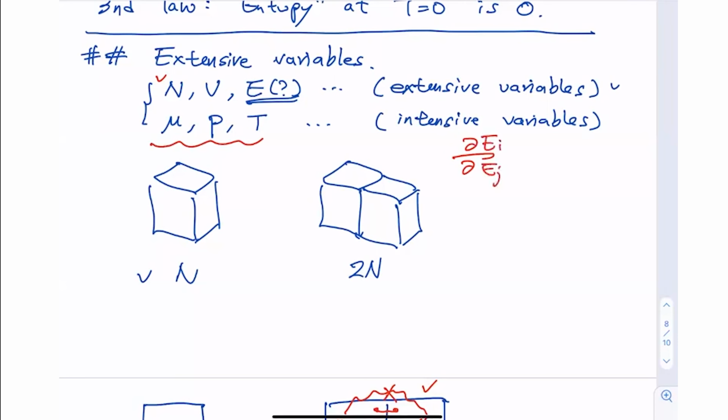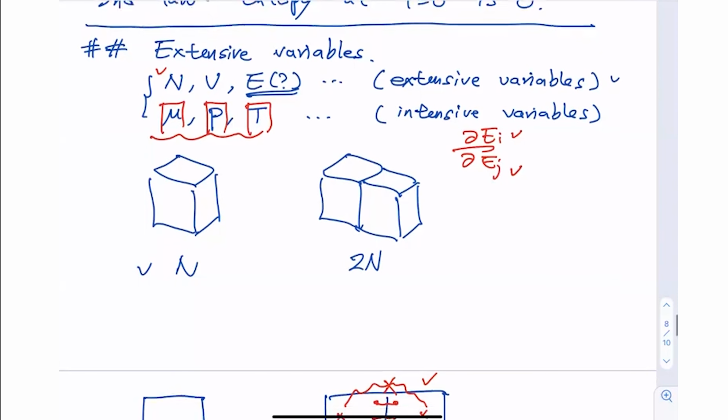The reason is that if something you are differentiating scales with your system size in the same way as the variable that you are changing, then this system size dependence will basically eliminate each other. Then the corresponding quantity like chemical potential, pressure, and temperature will not be dependent on your system size, or will not scale with your system size. So that's the meaning of intensive variables.